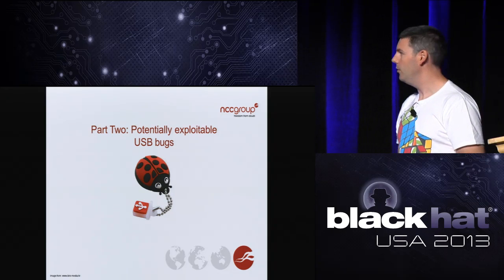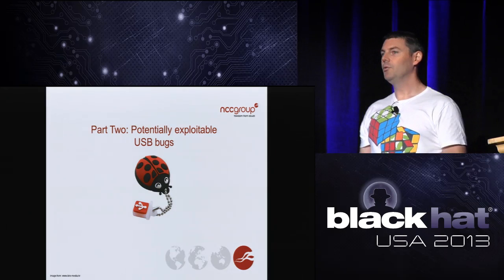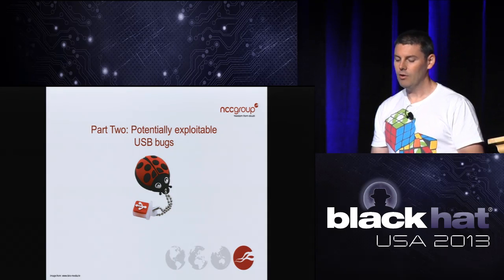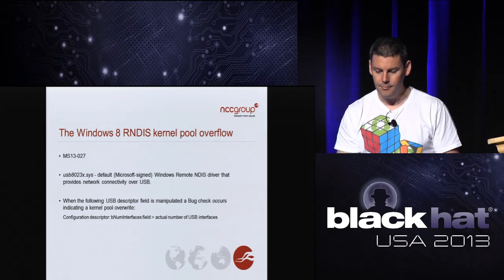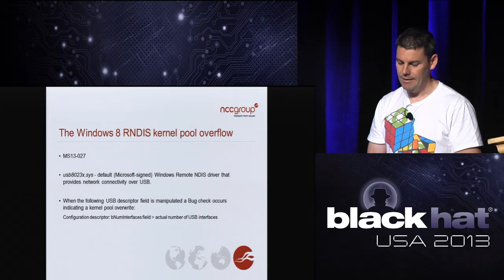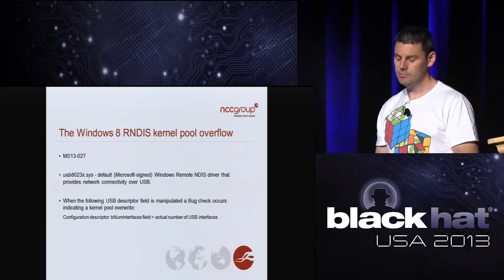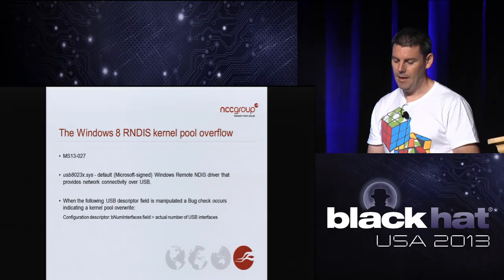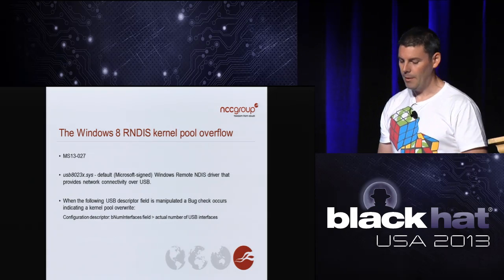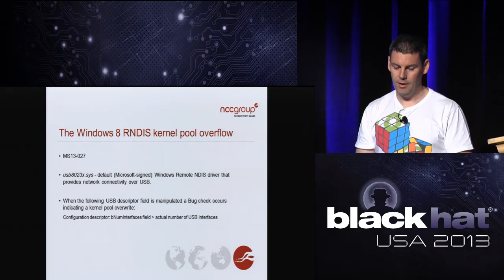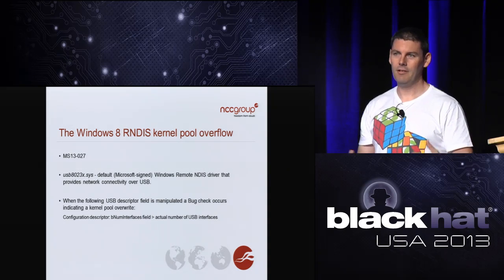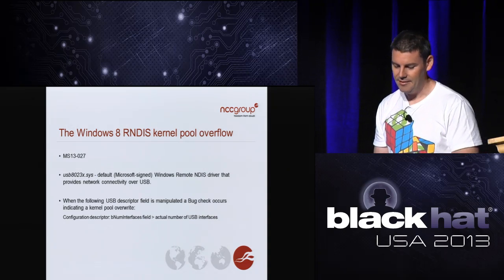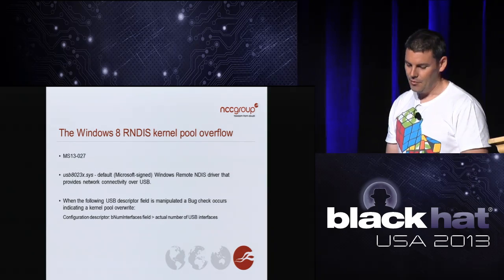Okay, moving on to part 2 then. As a result of fuzzing, earlier on in the year, I discovered a bug in Windows 8 in the RNDIS protocol. It's a kernel pool overflow. It was patched quite a while ago, so there aren't any issues with me discussing the details now.